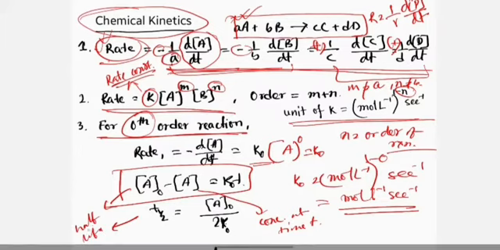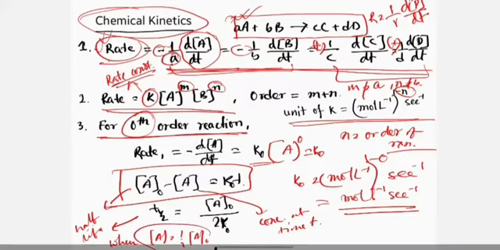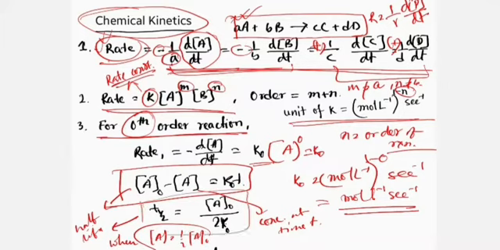Half-life is the time when A equals half of A0, right? At that time when A is half of A0, t half is A0 by 2 k0 for a zeroth order reaction.